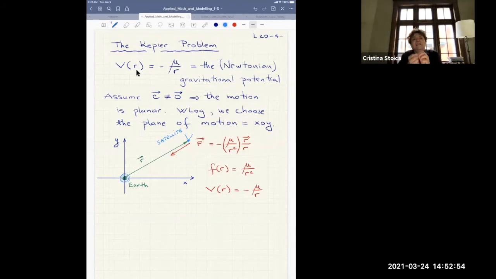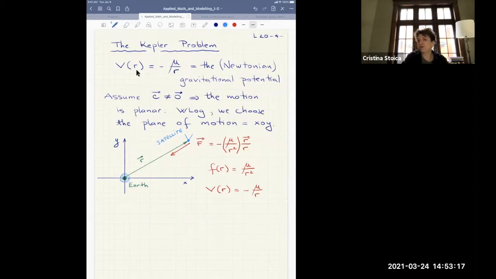So it's basically the center of the Earth that attracts everything. It doesn't really matter if the Earth has a radius of 10 kilometers or 10,000 kilometers. If it's round, what matters is its mass, as if concentrated in one point in the center.